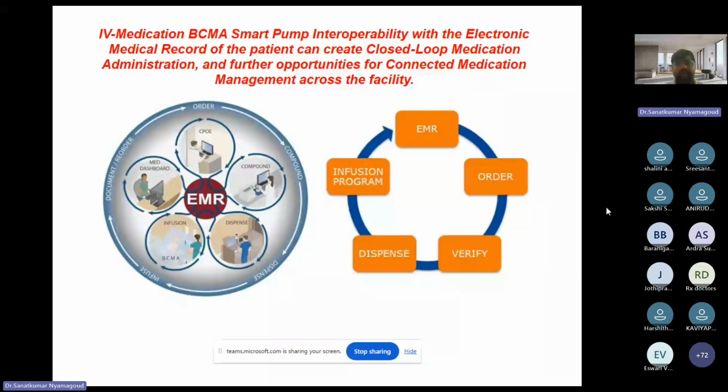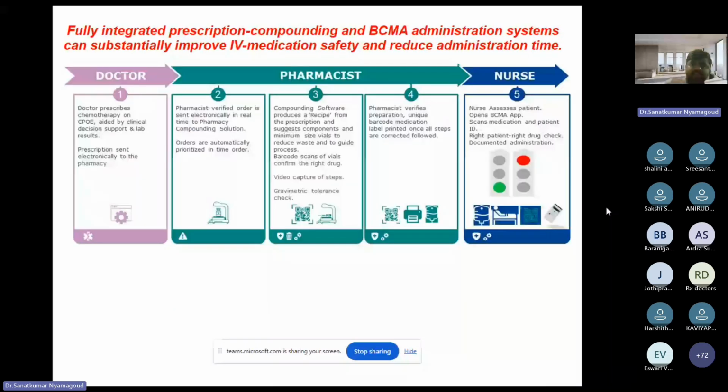This we commonly call the closed loop medication administration process. This works because if something goes wrong in any part of drug use, we can easily identify it. The second one is a fully integrated prescription compounding method, where we use IV medication, especially for safety and reducing medication error time.